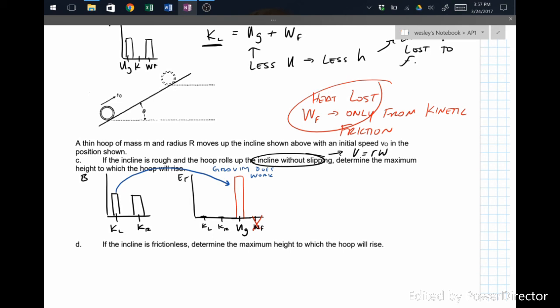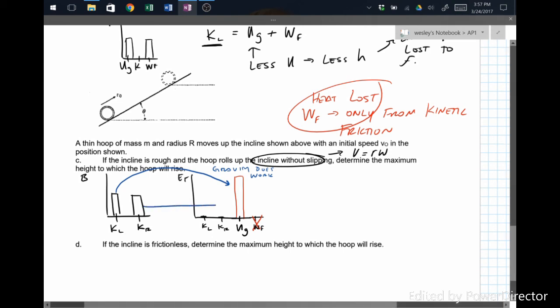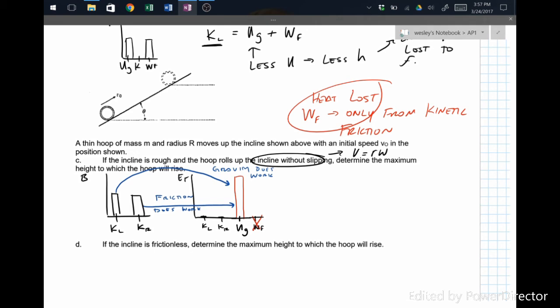That's what happened in part A. But here, friction's doing something different. Friction is doing work in this case, but it's not being lost to heat. The work that friction does becomes gravitational potential energy. That's sort of the advantage to having friction when this thing is rolling.